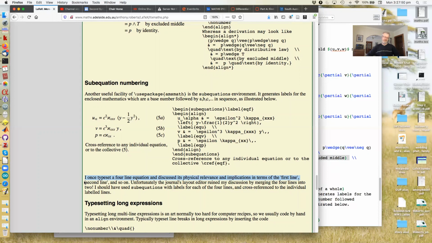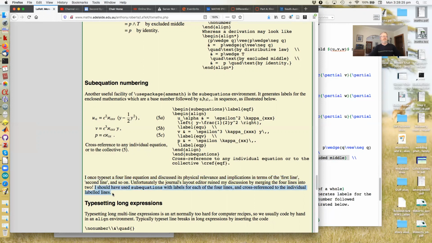Unfortunately, what happened when it went to the layout editor is the layout editor said, oh, I can save space in the journal by putting those 4 lines into 2, which was sort of mathematically fine, but it then just did not match the discussion in the text. So my text was, for example, referring to the 3rd line and 4th line, and there weren't 3 and 4 lines there. And things I said about the 2nd line didn't refer to the 2nd line, but only part of the 1st line. It was just a disaster.